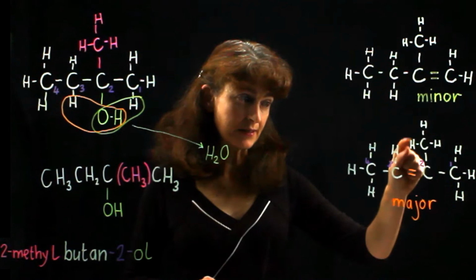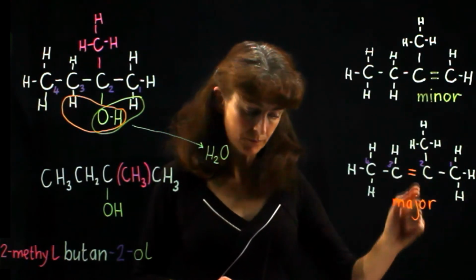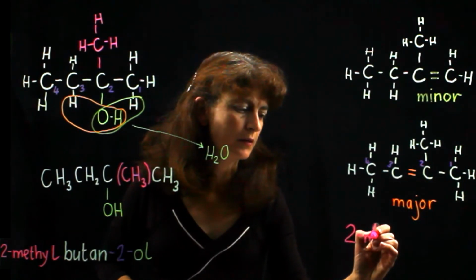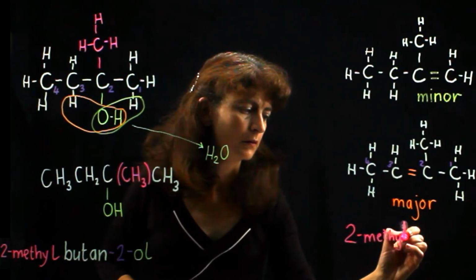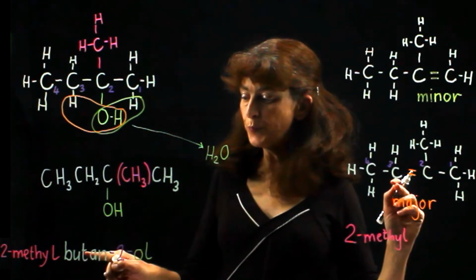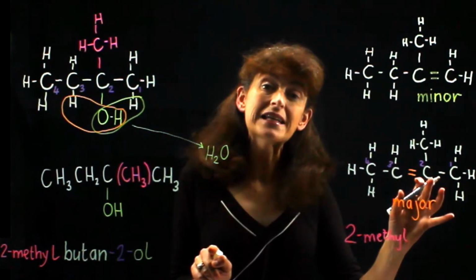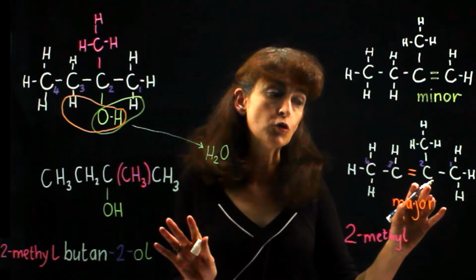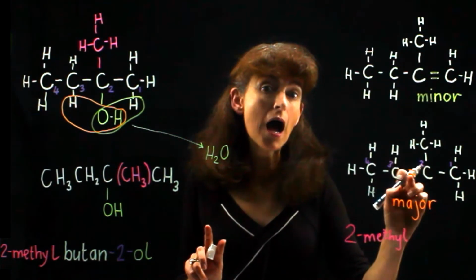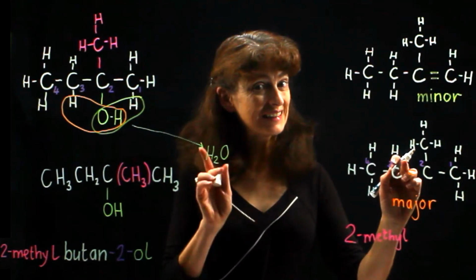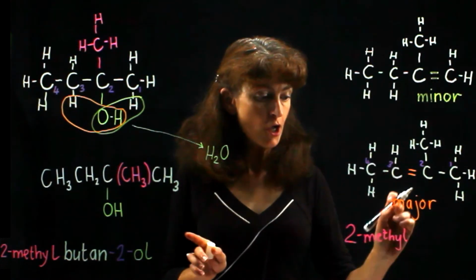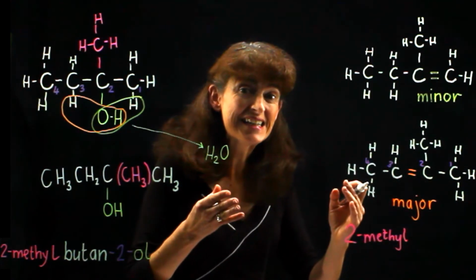And the methyl is still on number 2. So it's still 2-methyl. But now it is not a butanol because there is no hydroxyl functional group. Instead, the functional group now is the alkene double bond. So it is now a butene.